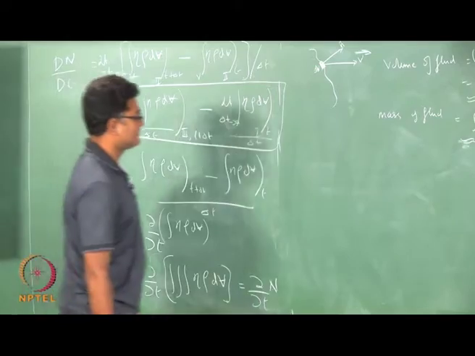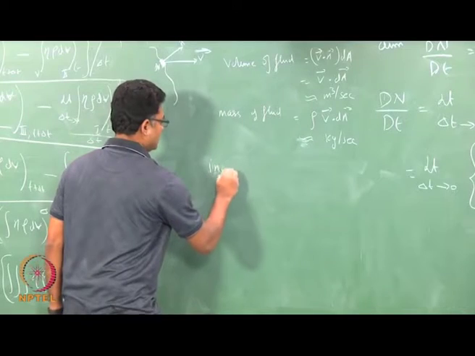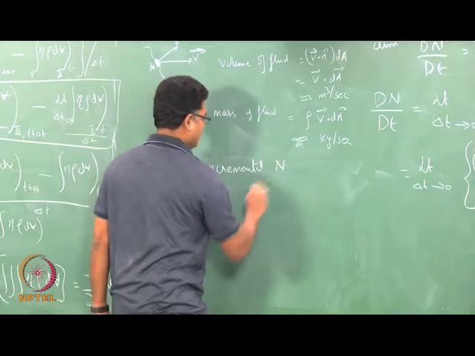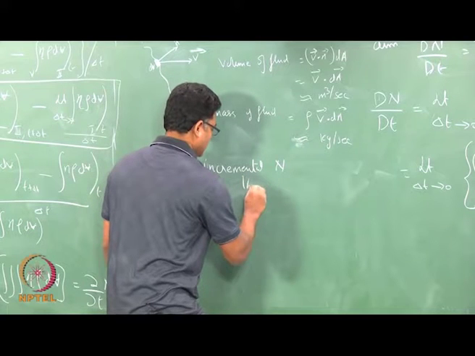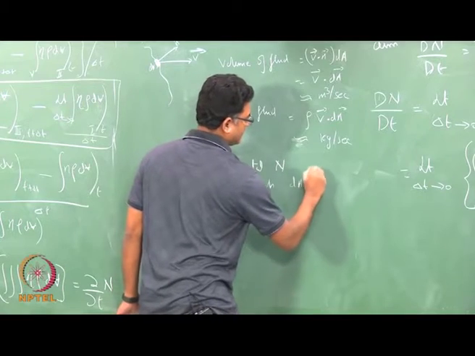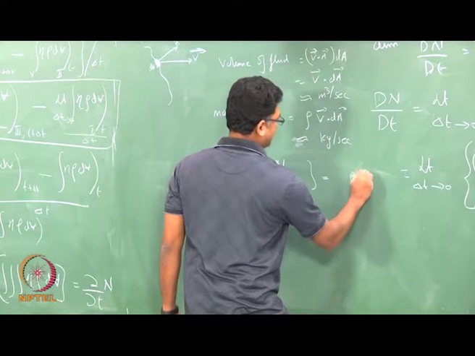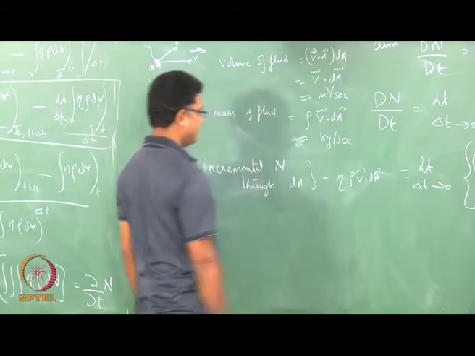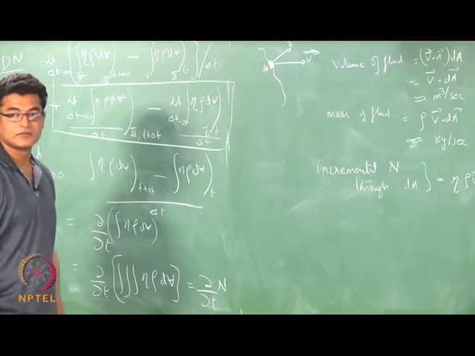If that is the mass coming out, then the incremental quantity of N through the area dA is this dm, the mass, into eta, which is defined as the quantity per mass.